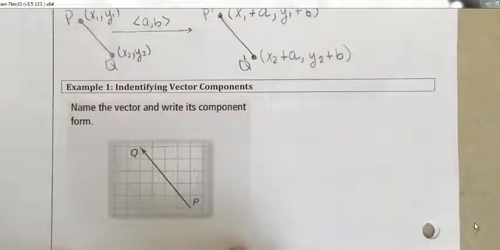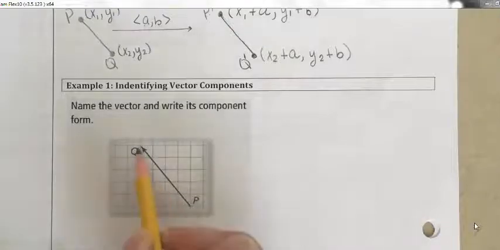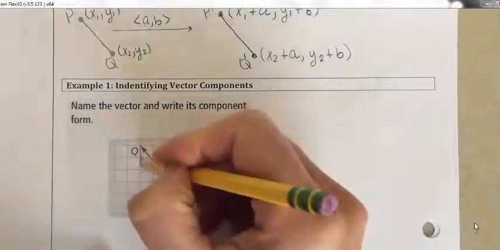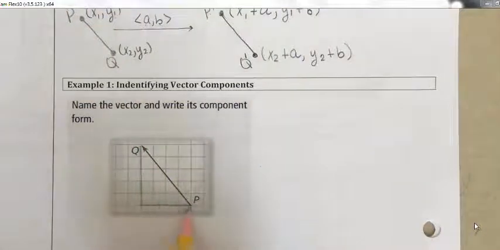Okay, so for example 1, we're going to name the vector and write its component form. Notice that this time you start at P over here, and you go towards the arrow. And again, a vector is always going to have a horizontal component and a vertical component. So the question is, how far did I go horizontally to get to Q? Well, from here it looks like I went 1, 2, 3, 4 units to the left.